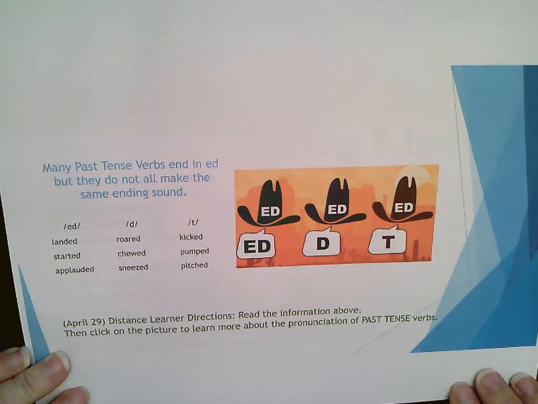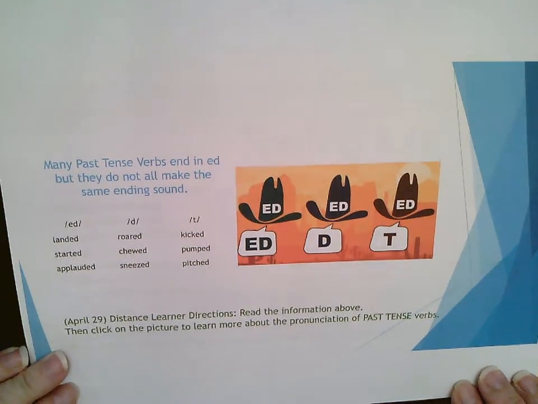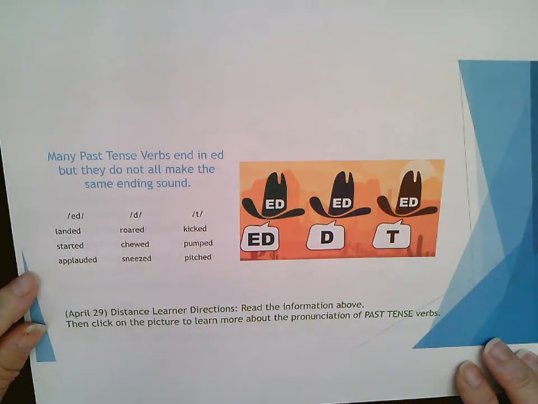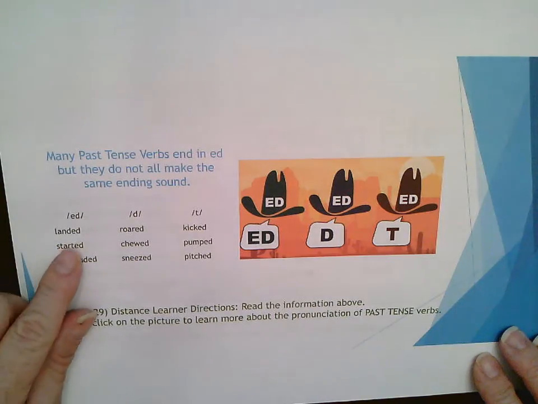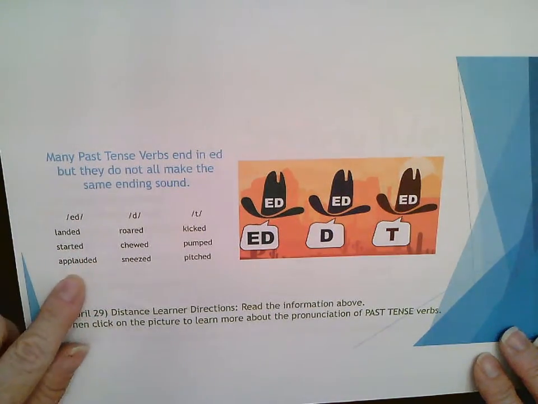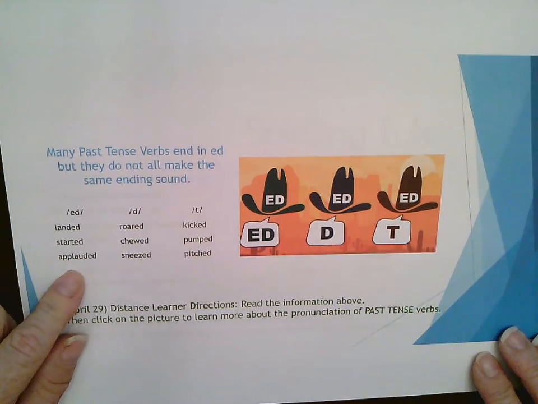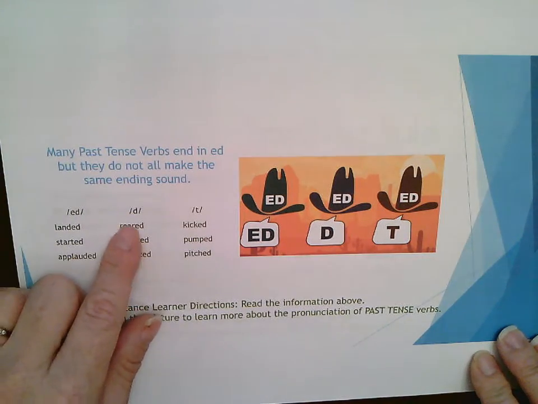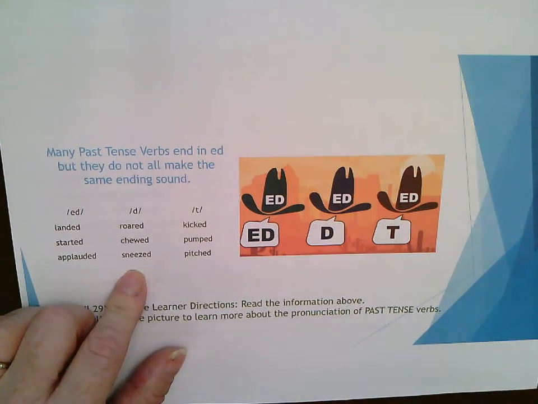Many past tense verbs end in the ed, but they do not all make the same sound when I say them. This is just a small detail to point out. Landed, started, and applauded, you can hear the ed as an ed. But if I look at how I say the next column of verbs with ed, it just sounds like a d.